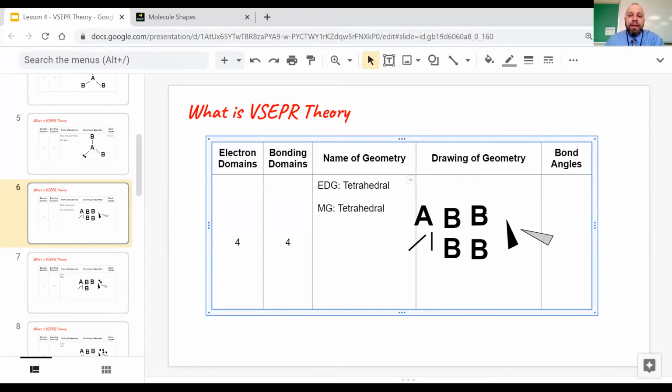Okay, so let's go back and arrange our atoms so they try and look like that as much as possible. Now, this is the first time that we've had to draw something in 3-dimensional space. So I'm going to use this black wedge to represent the atom that's coming out of the plane of your screen toward you. And I'm going to represent the atom that is back behind the plane of the screen with this gray wedge.